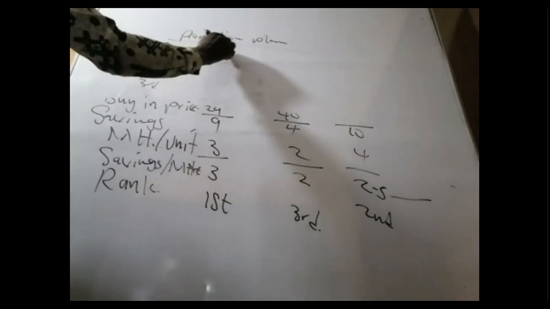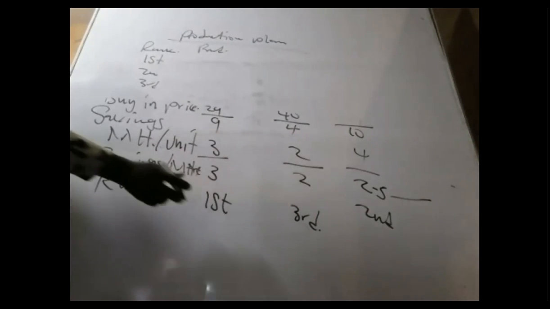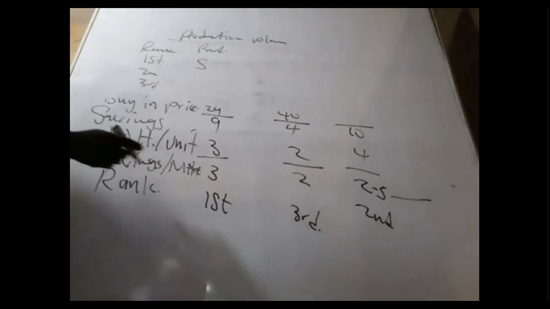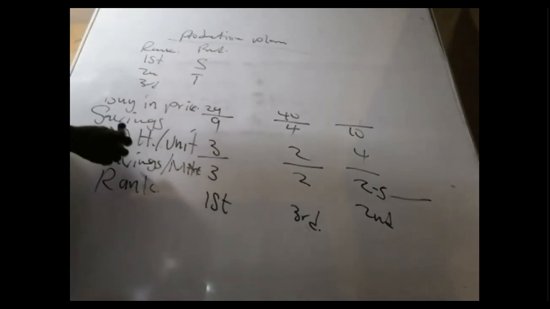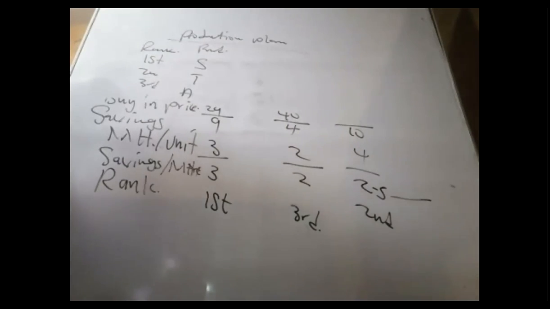So rank: you start wherever your resource gets you, first, second, and third. First product was S, second product was T, and third product was A. So they've changed the arrangement.